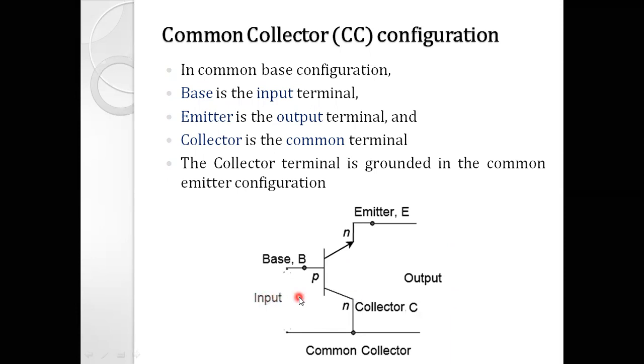So this behaves as an input port, and this behaves as an output port in the two-port configuration. So these are the three configurations of the BJT. The first is common base, second is the common emitter, and the third is the common collector.